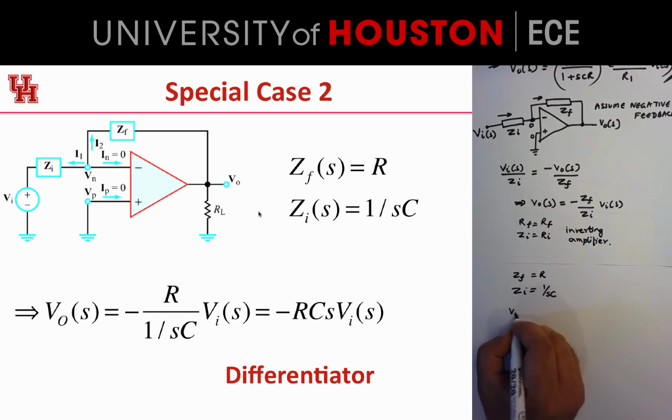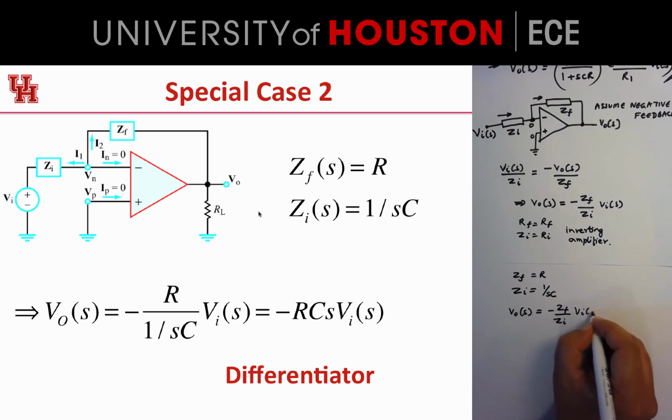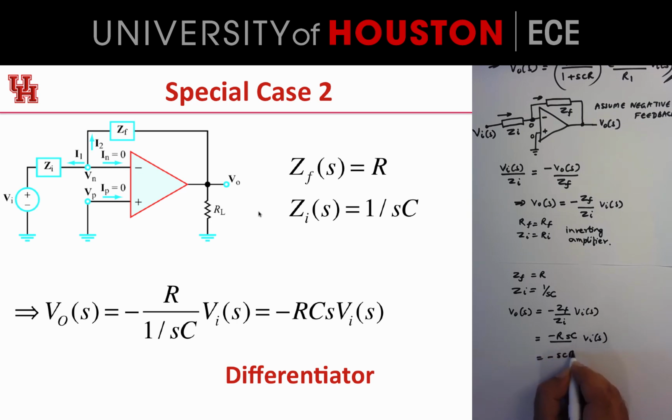Then the output, VO of S, is still the same, still the ratio of minus ZF by ZI times VI of S, which is minus R divided by ZI. So we actually multiply it by SC, dividing by 1 over SC. So this is minus SCR VI of S.